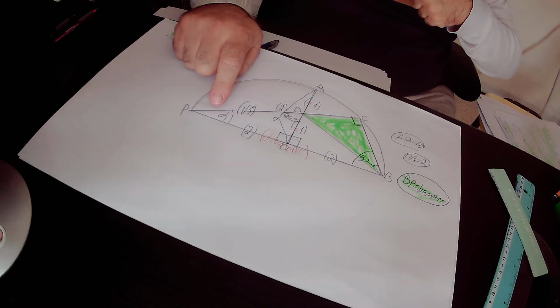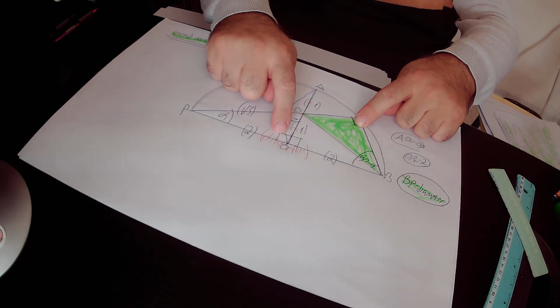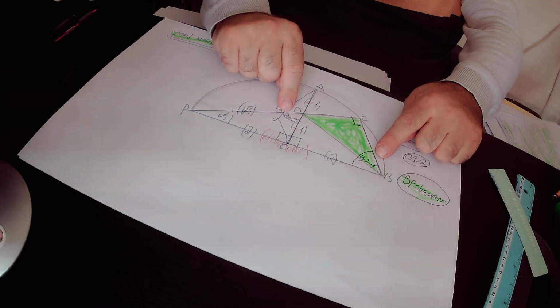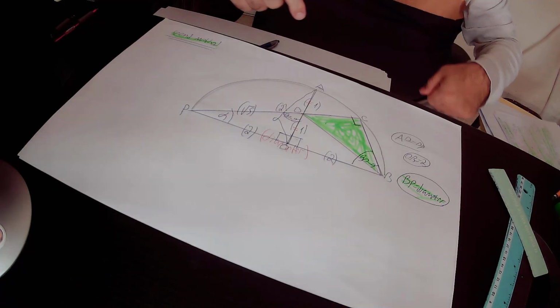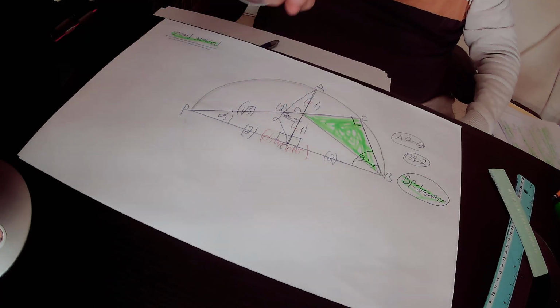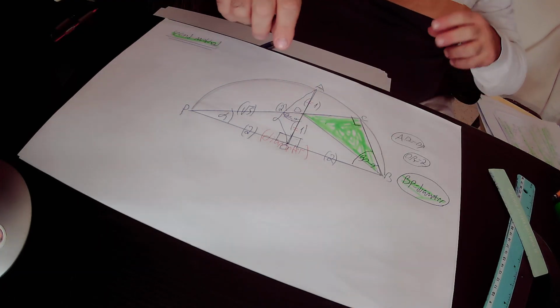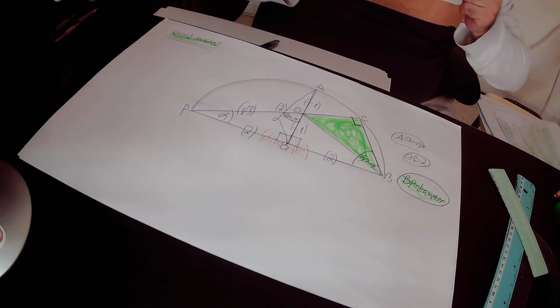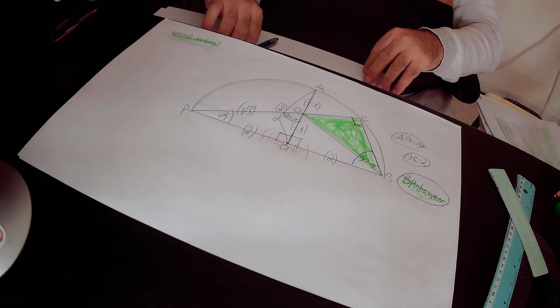In addition, those two angles are both equal to 90 degrees, and therefore they are equal to each other. And finally, those two angles are both equal to 90 degrees also, and therefore they are equal to each other. So all the angles of the small right triangle PDO are correspondingly equal to all the angles of the big right triangle PCB, and therefore those two right triangles are similar according to the angle similarity rule.